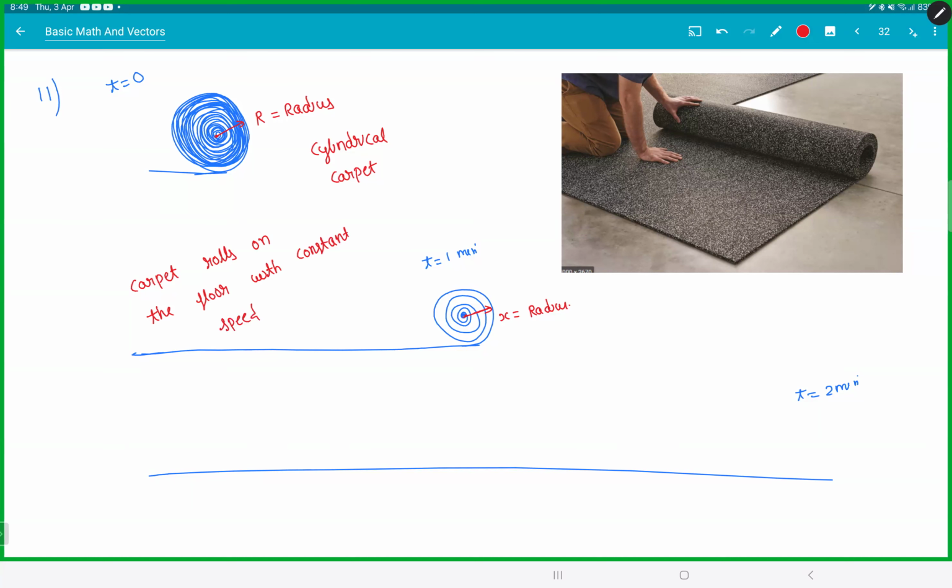In 2 minutes, the entire carpet becomes flat. So the question is, what is the radius of the carpet at 1 minute? Find x, which is the radius of the carpet at 1 minute.